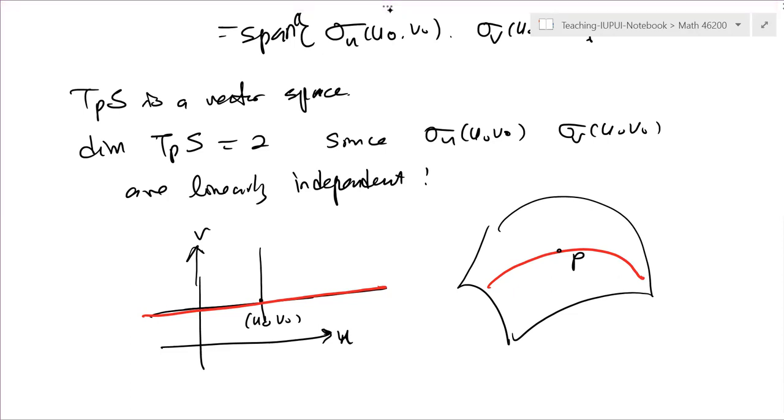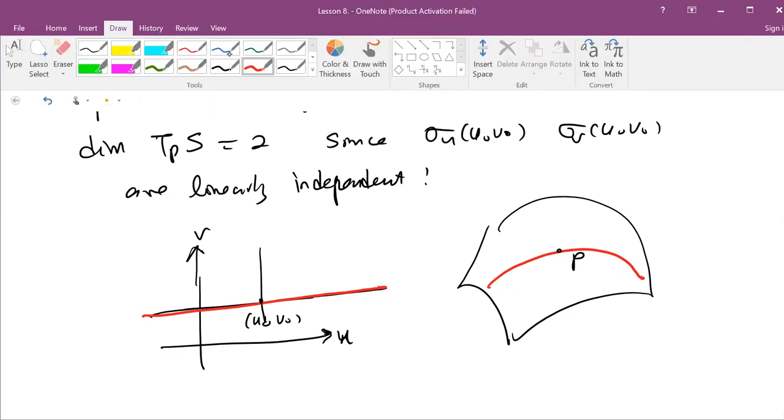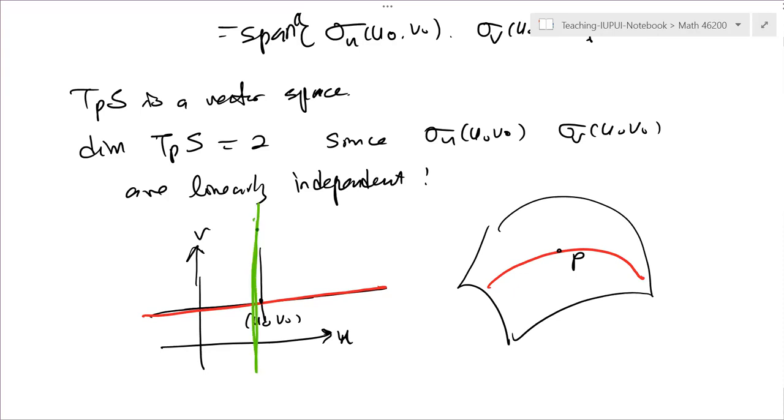And then let's get another. Then this one, going this way. It's here. So this is a tangent vector, sigma v. Right, that's the picture.